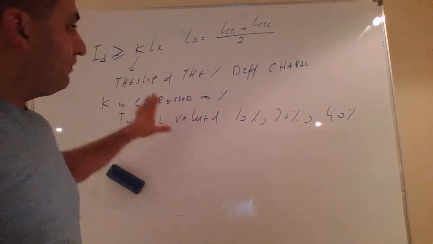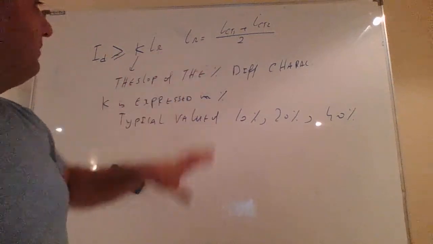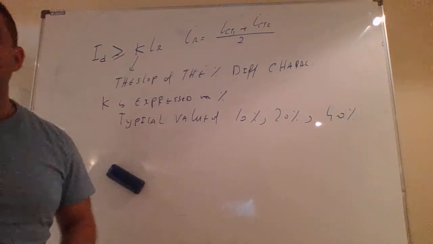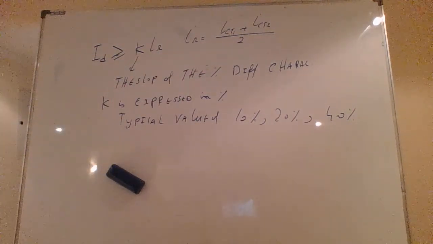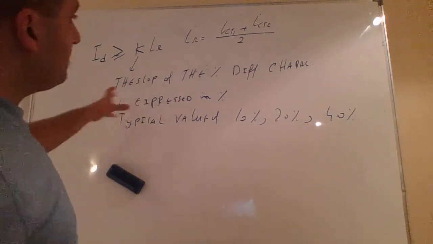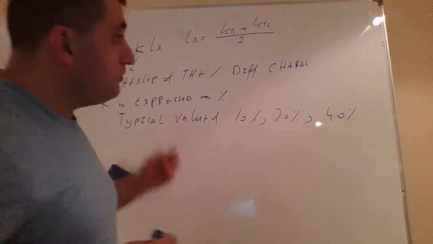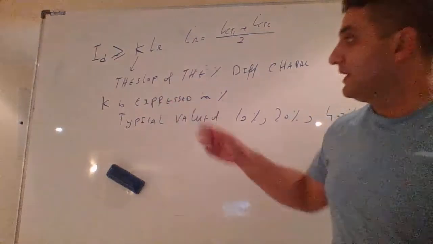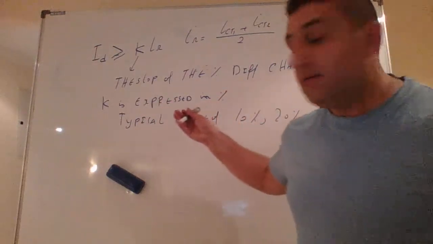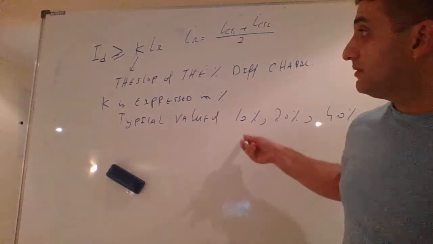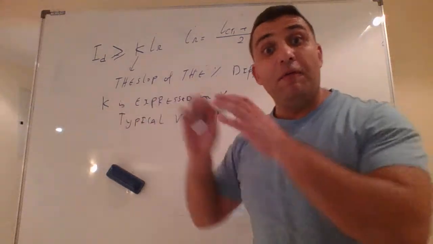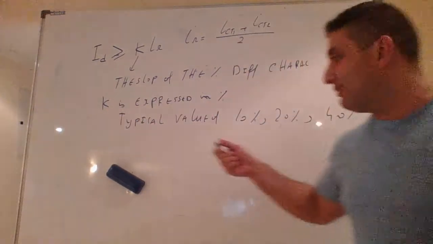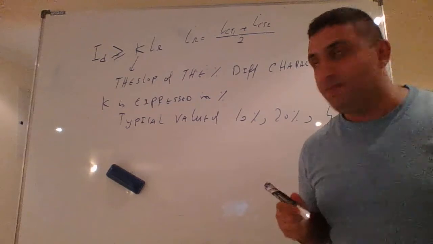These are the typical values for K, the slope of the percentage differential characteristics. It's worth noting that a relay with 10% slope will be way more sensitive than a relay having 40% slope.